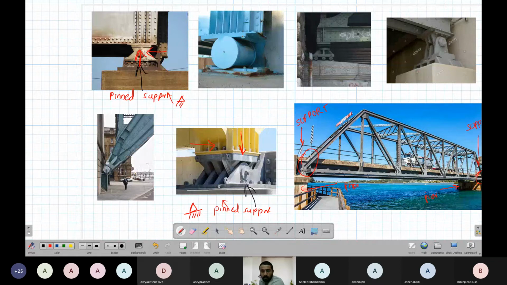Now you see this. This is a support at an angle. It can also give a reaction. Generally the reaction is given like this, with two components, the horizontal component and the vertical component. So this is also a pin, only it is at an angle, and we will represent it like this.